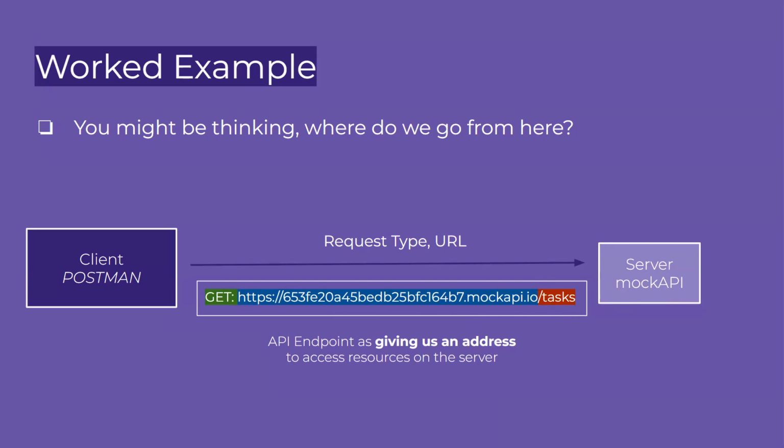The reason I'm not using a post method is because I want to get the tasks. So this endpoint here, /tasks, is going to be a get request, because I just want to get my list of tasks. I don't want to post or update the list with another task. Now, we'll talk more about what that'll look like when we update it.